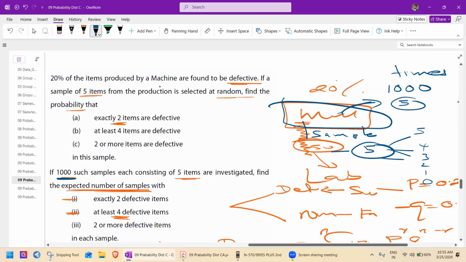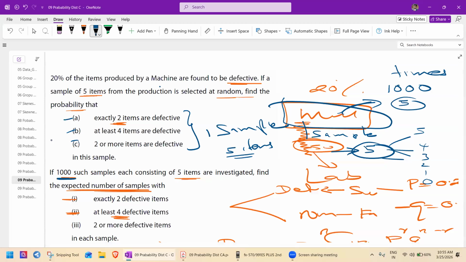This is one sample. Remember, one sample consists of 5 items, randomly 5 items. Likewise, the quality control technician takes 1,000 samples. Remember, each consists of 5. So altogether 5,000. That's not the matter.